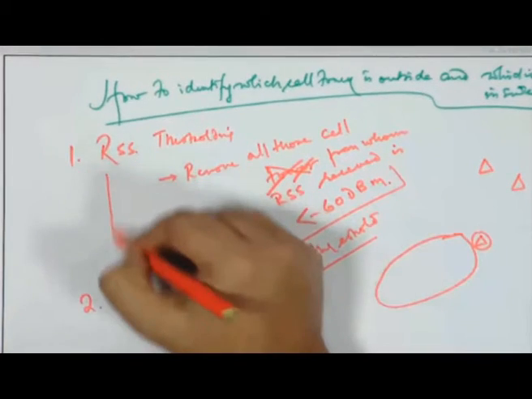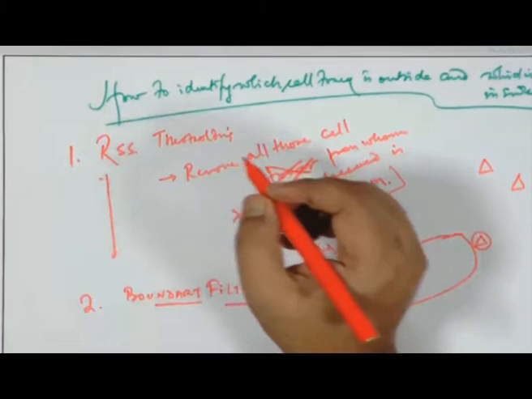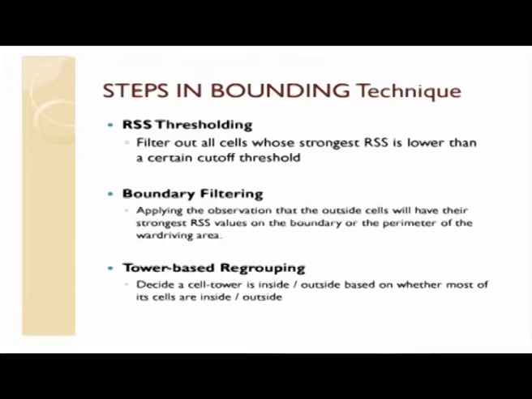So this RSS thresholding doesn't remove cell towers which are just near the boundary, and it can perhaps take out some of the cells which are inside. Why? How can it take out some of the cells inside?